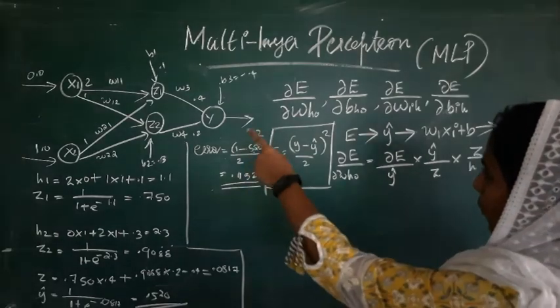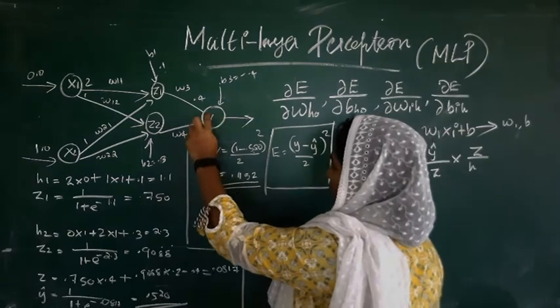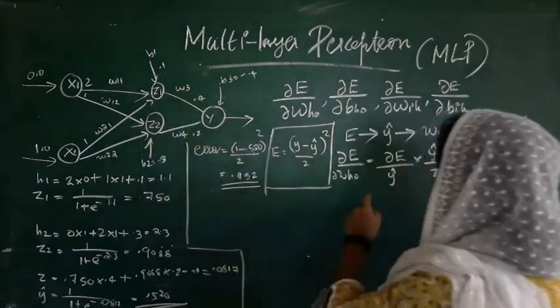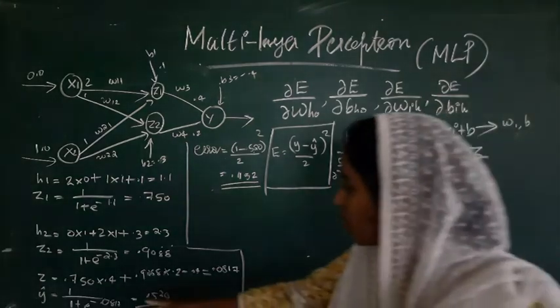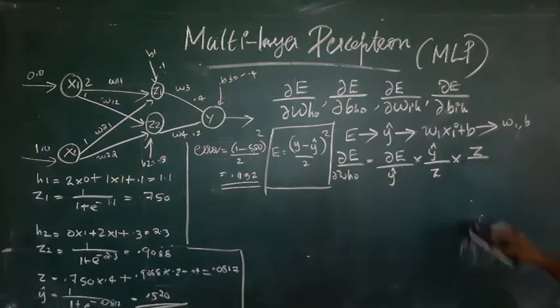So as far as the final layer is considered, for finding the contribution of weights in the hidden to final layer to the output, we have to take the partial derivative of error with respect to ŷ, then ŷ with respect to z, and also z with respect to the weight.